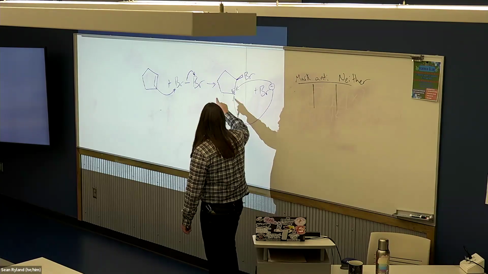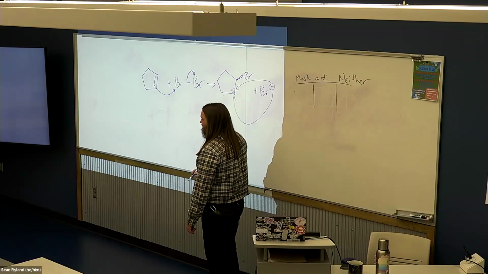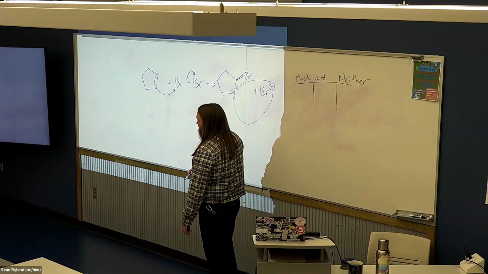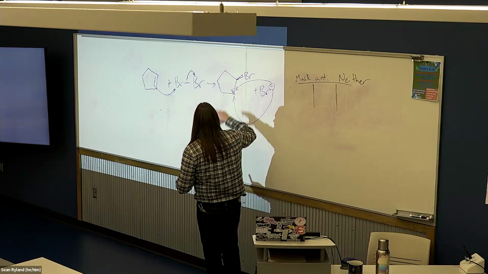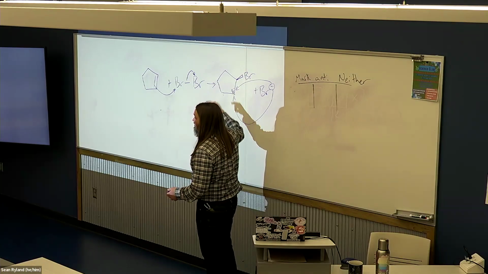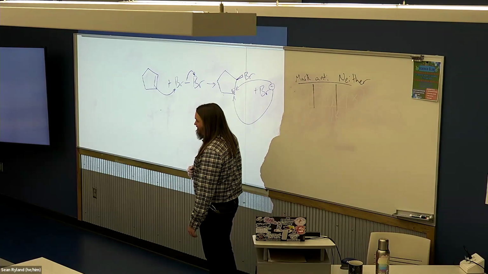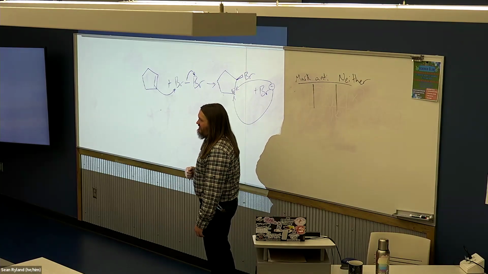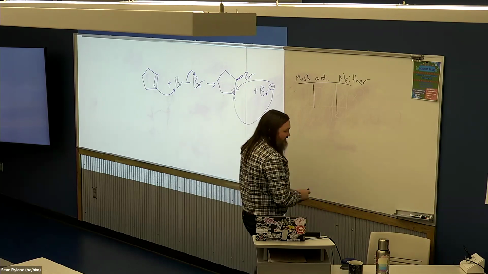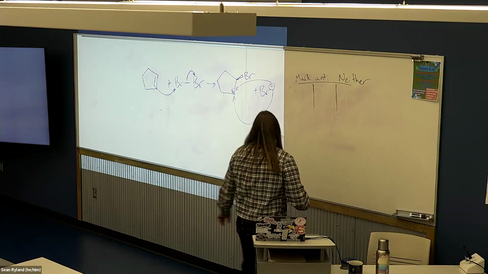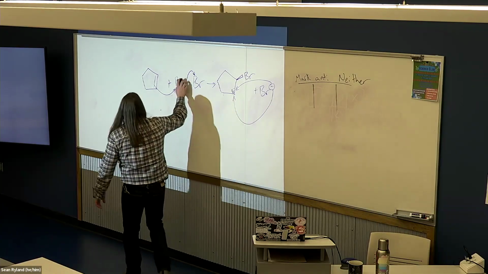The second step should be able to add on either side, right? Well, rings aren't flat, and there is some sterics involved, but we should still see measurable amounts of both the cis and the trans in this case. That's not what we see. So all that to say, just because I put a mechanism on the board doesn't mean it's right.